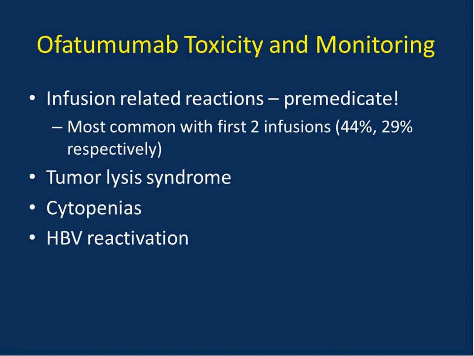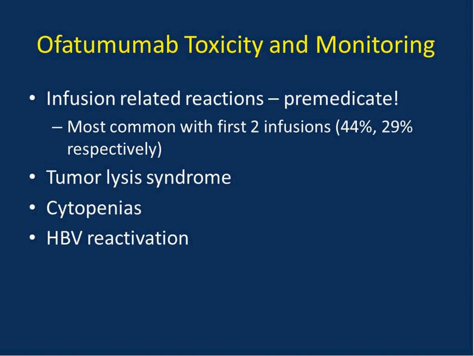Also, probably more of a risk of cytopenias with ofatumumab administration as compared to Rituxan. And you have the black box warning for hepatitis B reactivation. The other thing that I will say we have seen perhaps a little bit more frequently in clinic is paresthesias.